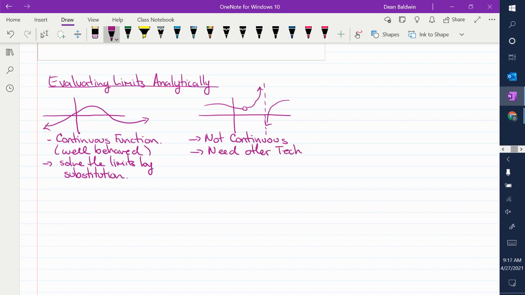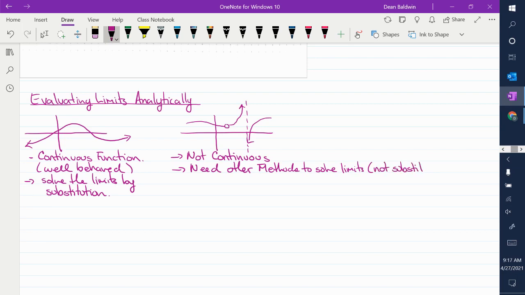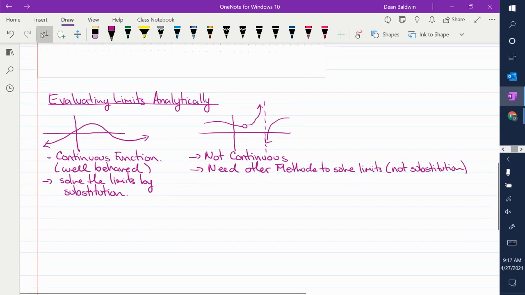Let's say methods. I like methods. You can't just use substitution to solve them.